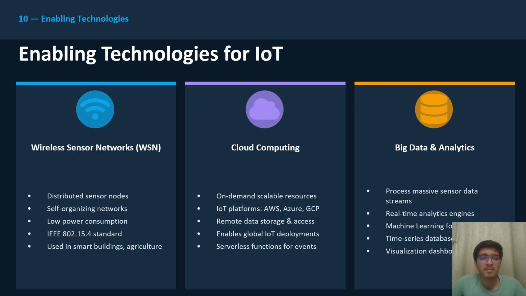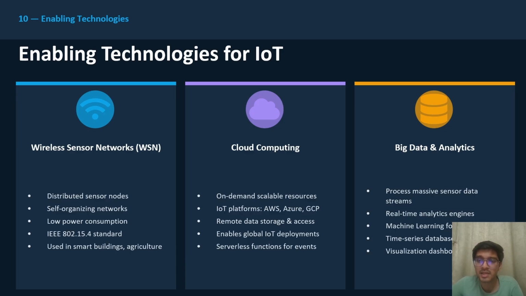Coming to enabling technologies for IoT. There are three main technologies to make large-scale IoT possible. First is wireless sensor networks: low power, self-organizing networks of tiny sensor nodes using standards like IEEE 802.15.4.